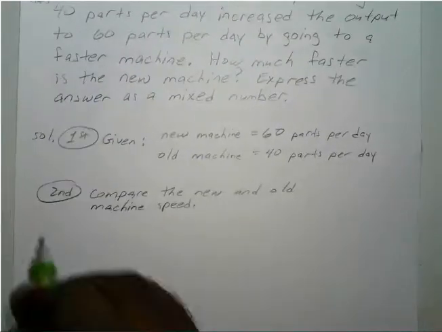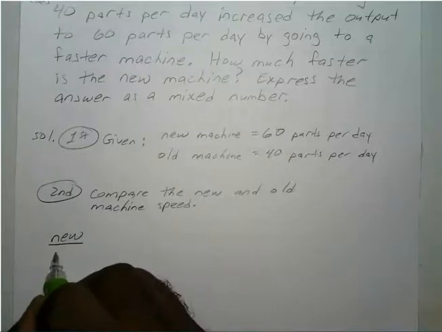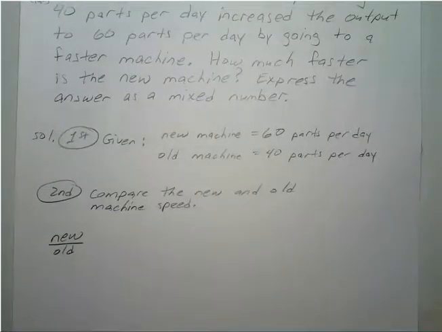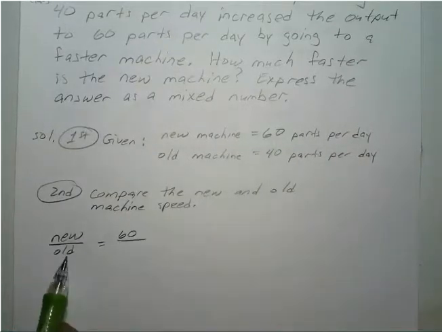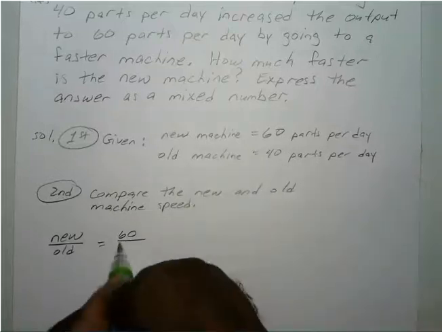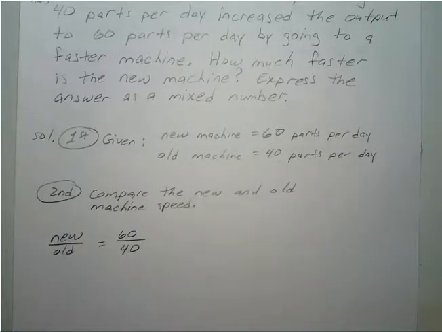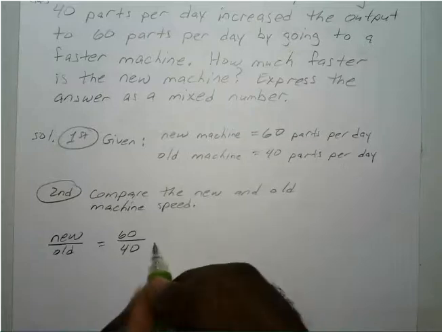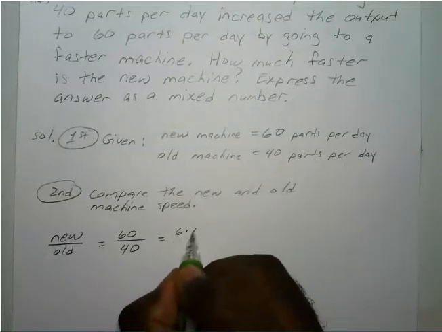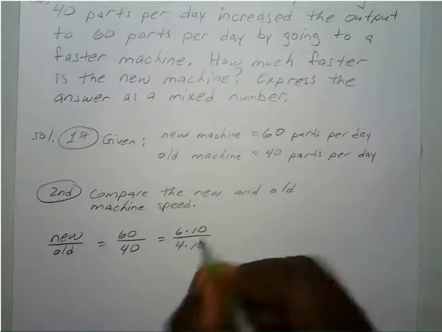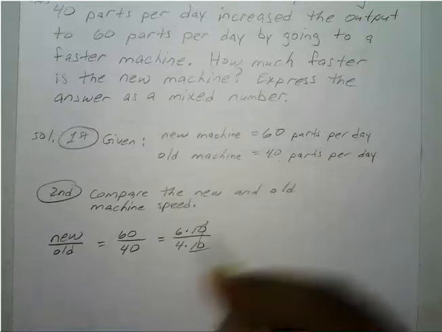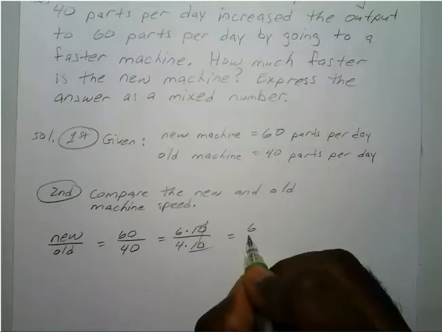So our new machine speed is 60 parts per day, and our old machine speed is 40 parts per day. Now 60 we can rewrite as 6 times 10, and 40 we can rewrite as 4 times 10. These two cancel out, so you're left with 6 over 4.